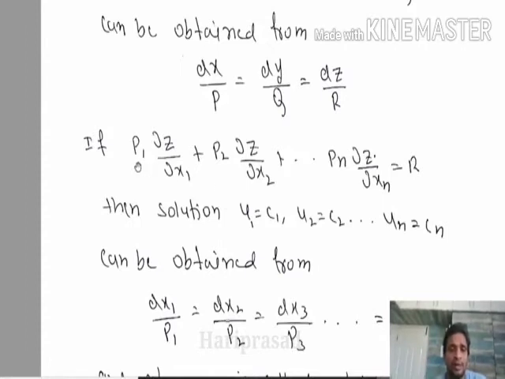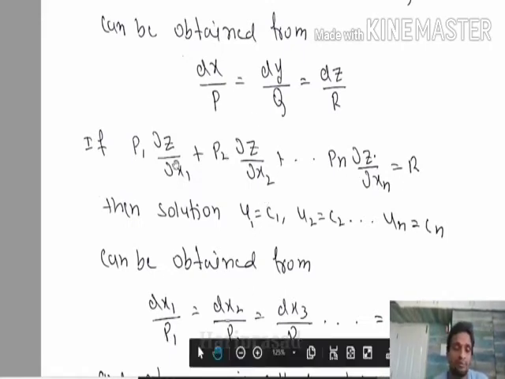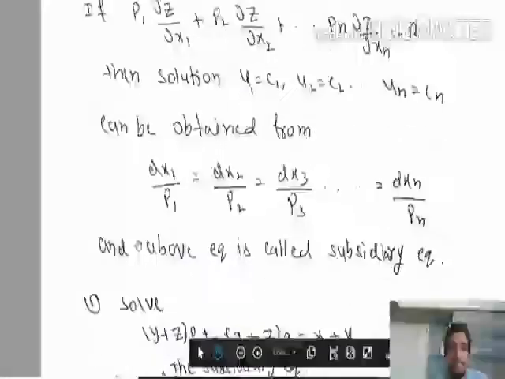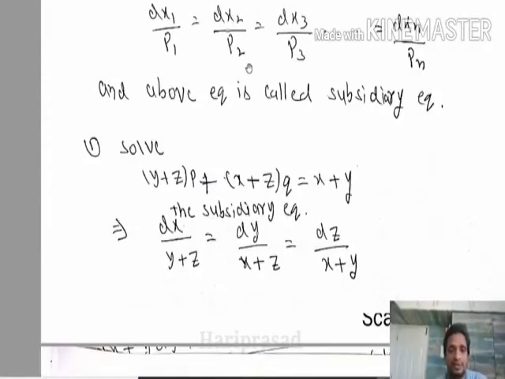We can write it in this form: P1 dou z by dou x1, P2 dou z by dou x2, so on, Pn dou z by dou xn is equal to R. So here the dou z by dou x1 coefficient is P1, so dx1 by P1, dx2 by P2, dx3 by P3, and so on, dxn by Pn.